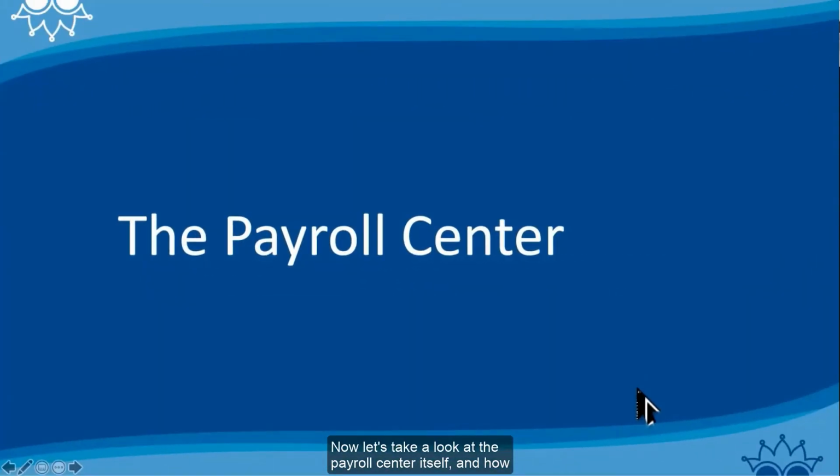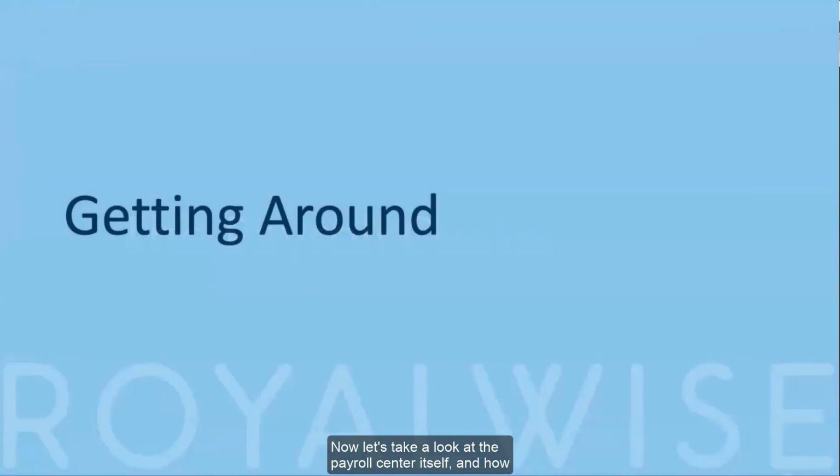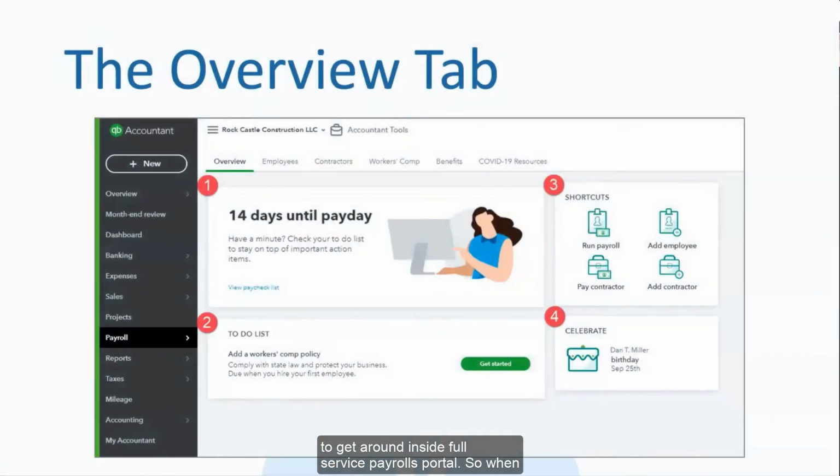Now let's take a look at the Payroll Center itself and how to get around inside Full-Service Payroll's portal. So when you're in your QuickBooks, you'll look over on the left-hand side, and in the left navigation, you'll see it says Payroll down here on the bottom left. When you go into it, there's an overview. The first place is the Overview tab, and the Overview tab will give you an alert for how long until your next payroll run.